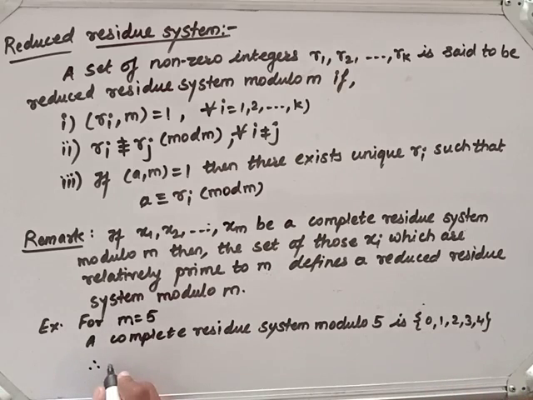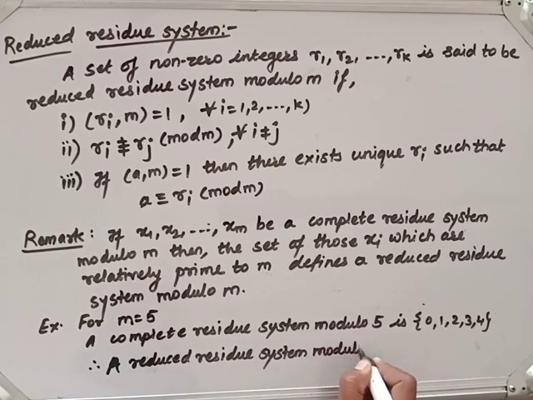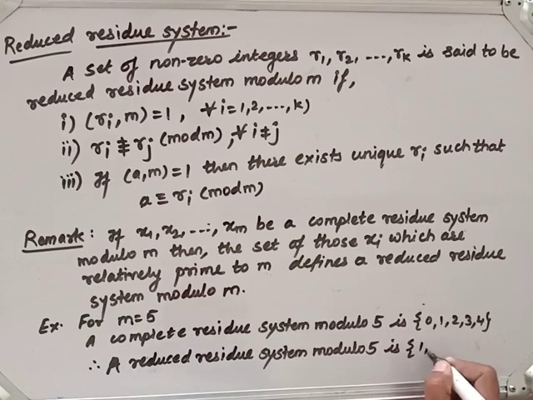From this we can say a reduced residue system modulo 5 is the elements 1, 2, 3 and 4 only. This is the remark here.